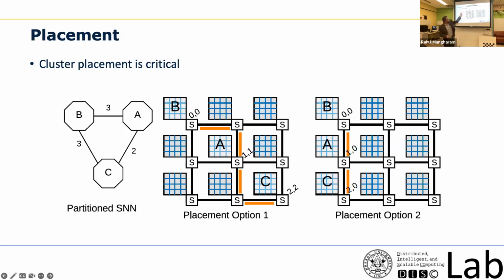Think about it. You have 3 clusters now. This is a network. How do you place these 3 clusters? This is a very obvious example because there are only 3 clusters. You can place A, B, C on the diagonals, or A, B, C over here, and each will lead to different results. But think about hundreds of cores and hundreds of places to put them. It's not trivial to find the best place to put the clusters.